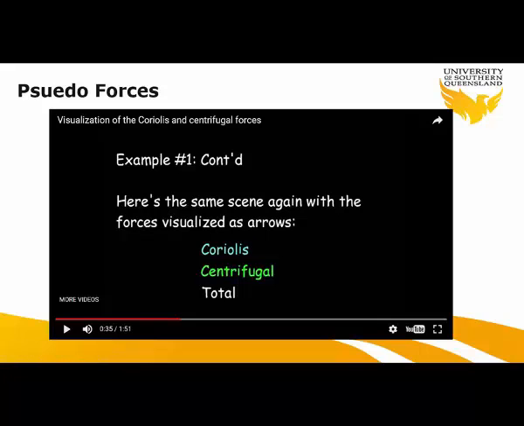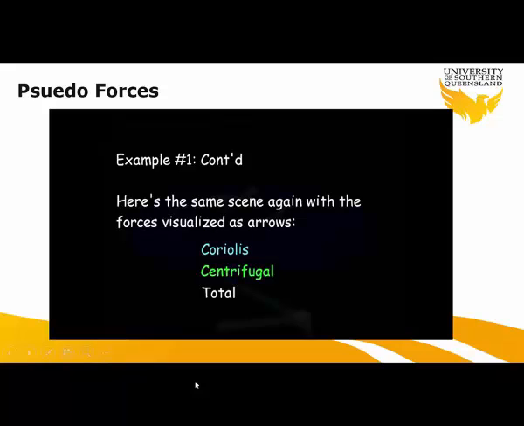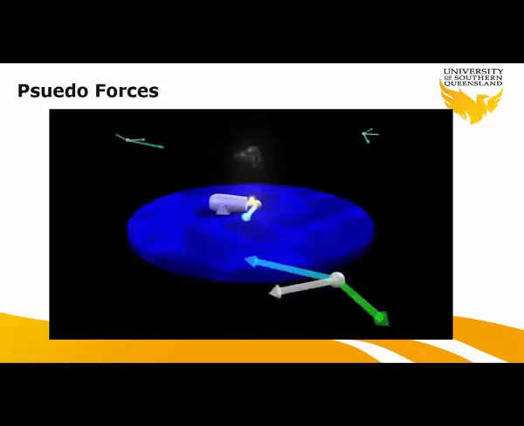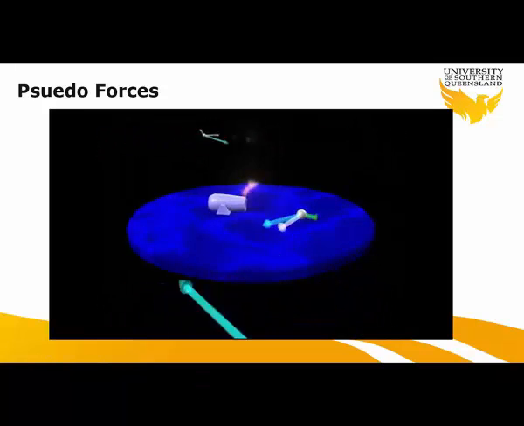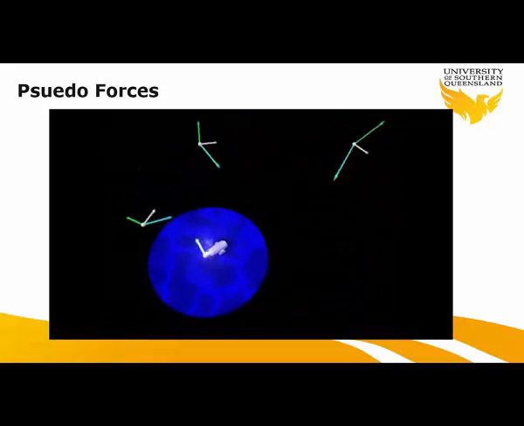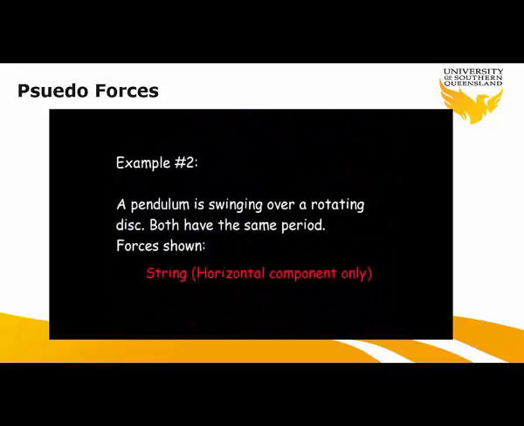Continuing, we want to see how this movement can be visualized using arrows, which are Coriolis, centrifugal, and then the total effect.